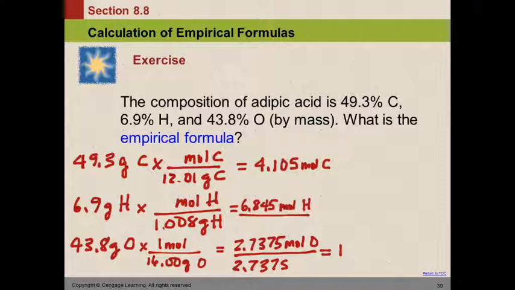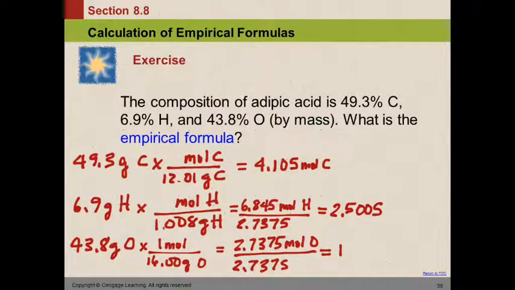And divide this one by 2.7375, 6.845 divided by 2.7375. That one comes out to be 2.5005.